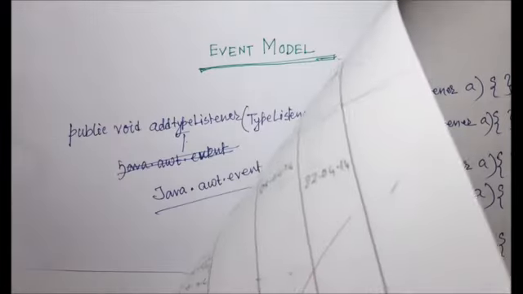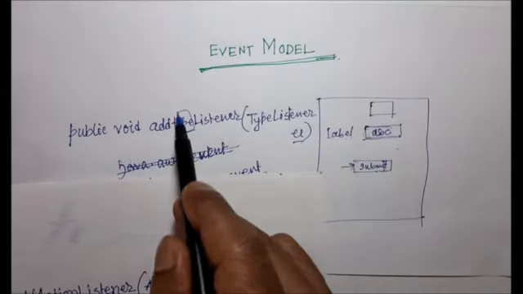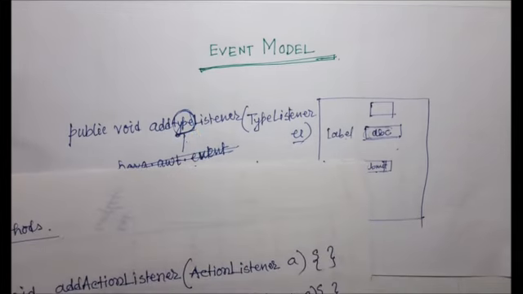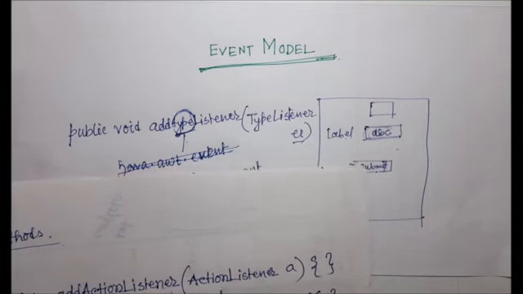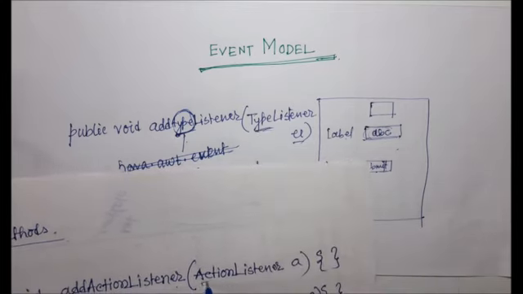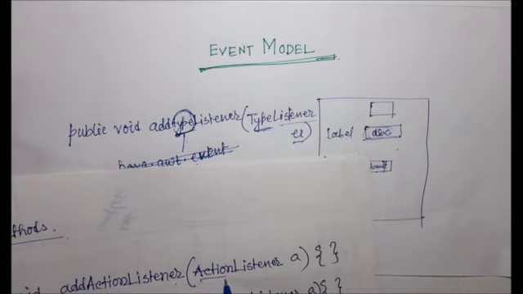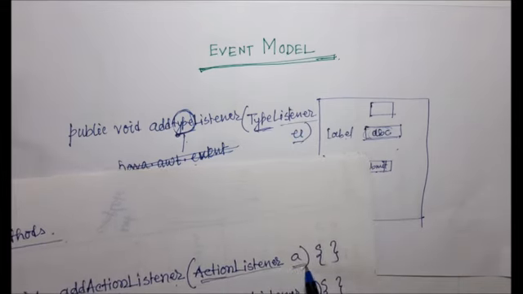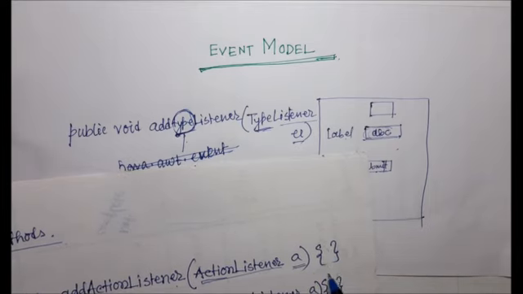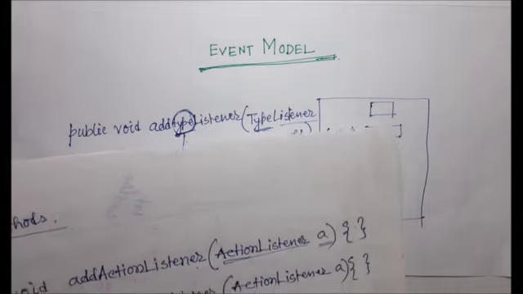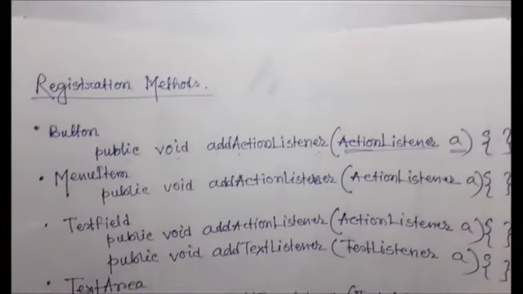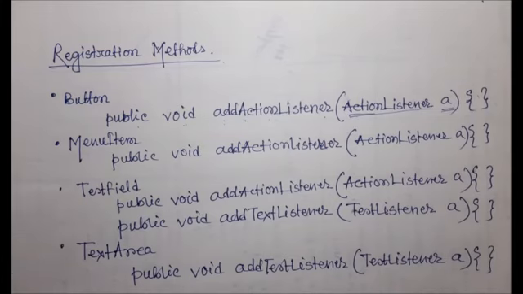Compare with my first add type: here I want to add an action listener, so the name of the method is addActionListener, and I have to pass the type, action, then listener. I pass the listener object, and this is my body. Within this body I write some code, and based on the code I will perform some operation. So if I click on my button, what is the function that is going to be performed after clicking on this button?